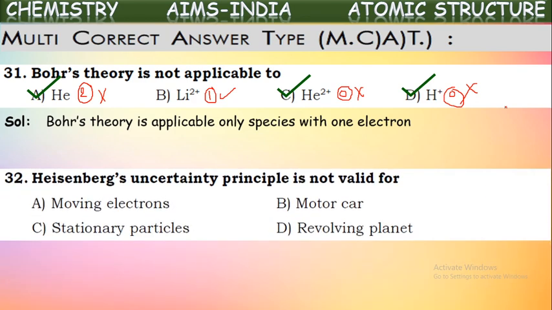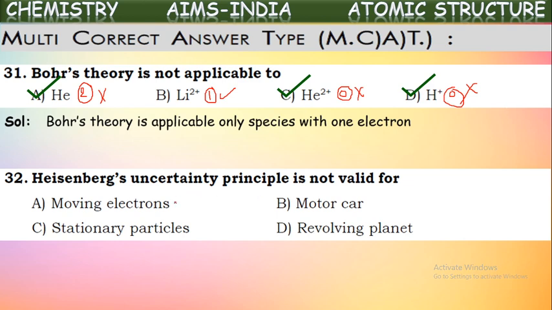Next question. Heisenberg's uncertainty principle is not valid for. Actually, Heisenberg's uncertainty principle is applicable for microparticles which are moving with high velocity. So minute particles like electrons, particles with very small size and moving with high velocity, only for those this principle is applicable. Like electrons. See here, moving electrons.